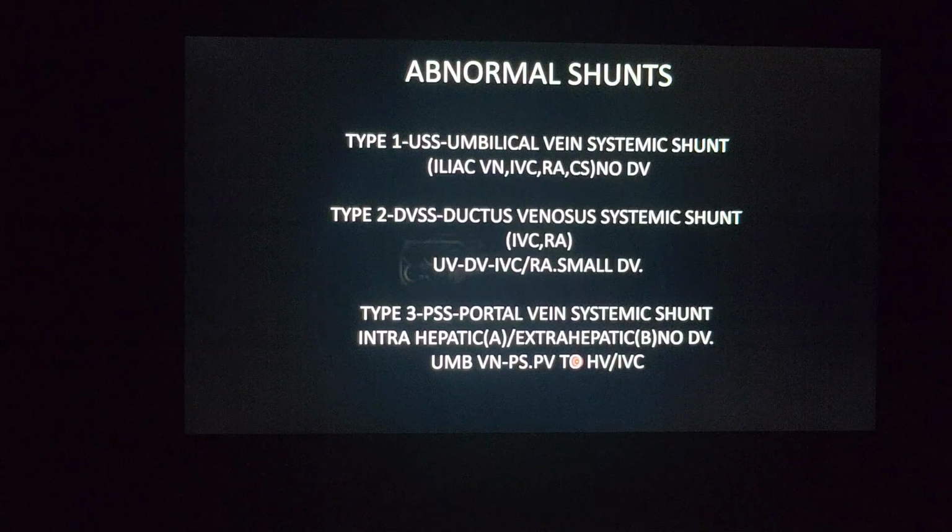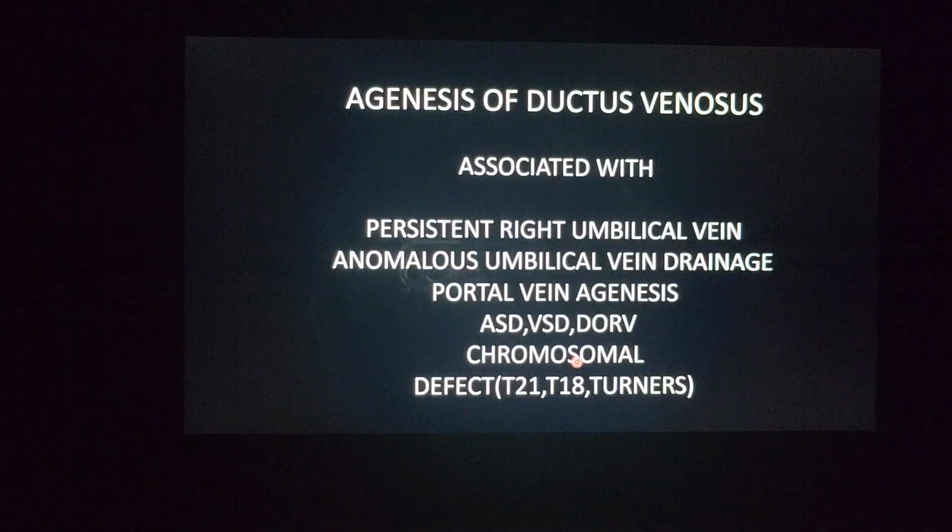Type 3, there is no ductus venosus. The umbilical vein goes to the portal venous sinus, and then from a branch of the portal vein, there is either a portal vein to hepatic vein shunt or a portal vein to IVC shunt. Thereby it becomes an intrahepatic shunt or extrahepatic shunt. So this is another type of classification according to the venous shunts.